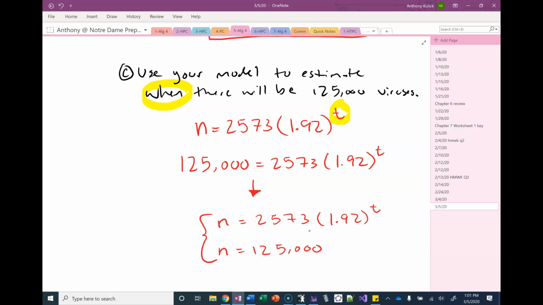Where was the solution at? When they intersect. Exactly right. So we're going to use our calculator to graph these two equations and find their point of intersection. And that point of intersection is going to give me the information I need to solve this problem. Is everybody okay with that plan?